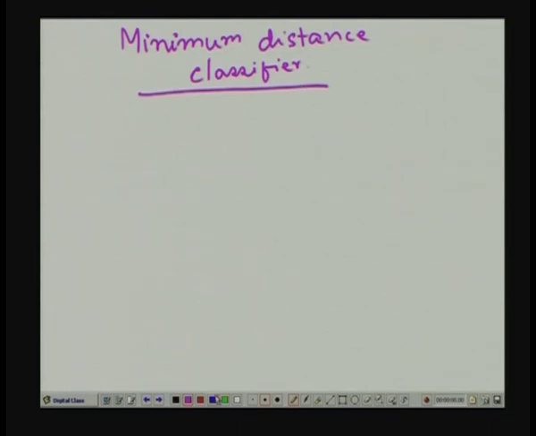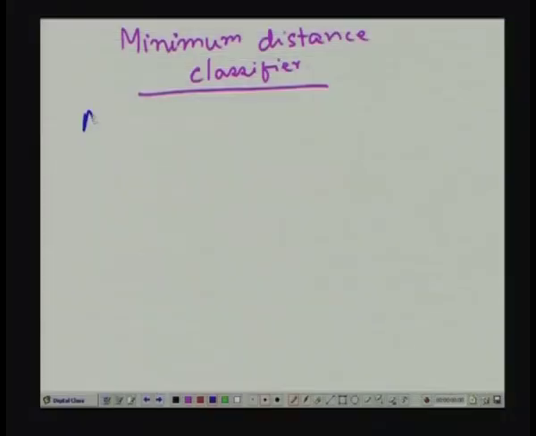So, what is this minimum distance classifier? Suppose I have capital M number of object classes, and for the objects belonging to a particular class, I have a set of feature vectors.